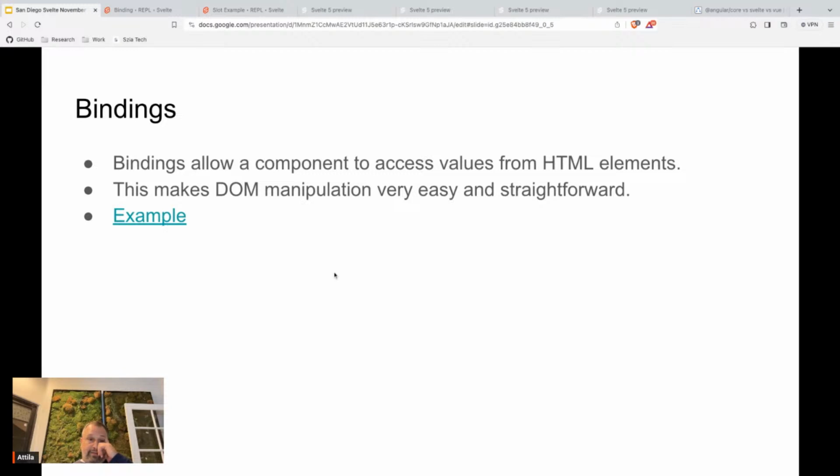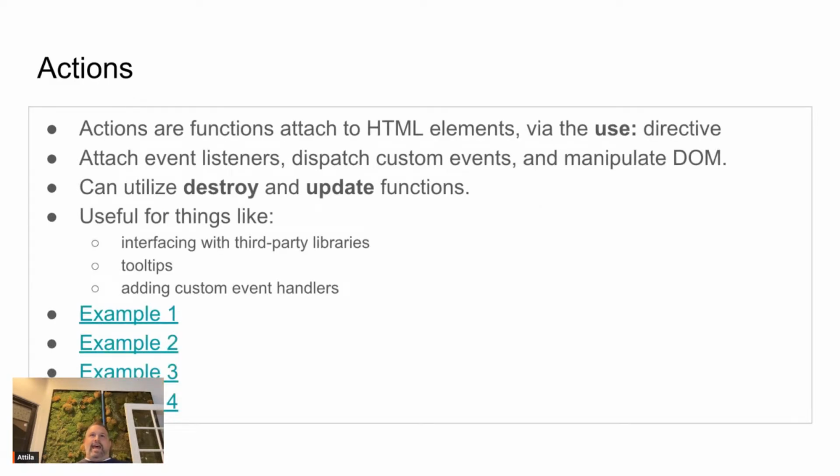So yeah, binding, I love how straightforward and simple it is. Next up is actions, and this is going to be one where you read the definition, and at least for me, it didn't make a whole lot of sense until I actually saw an action in use. But at a real high level, actions are just functions, and they're functions that get attached to HTML elements in your template using the use directive.